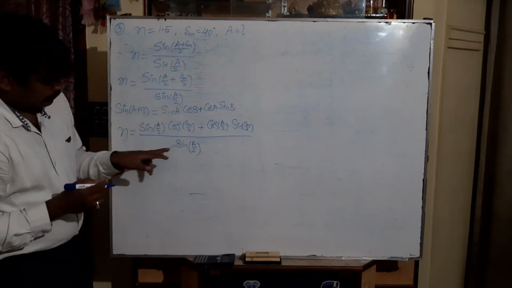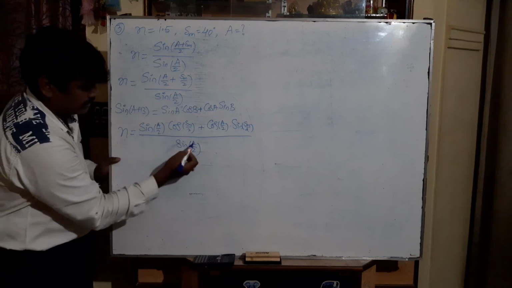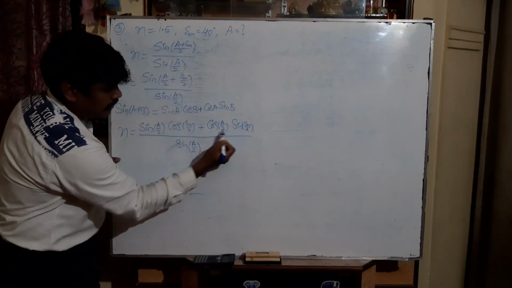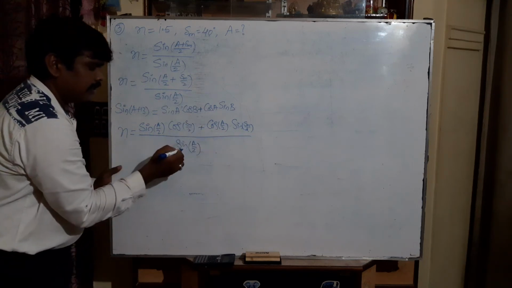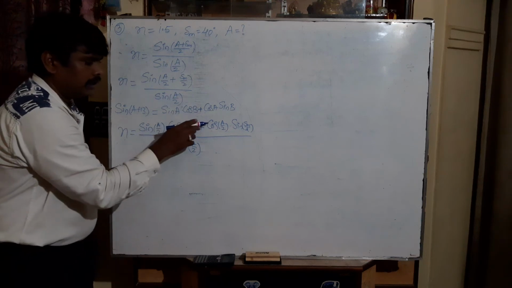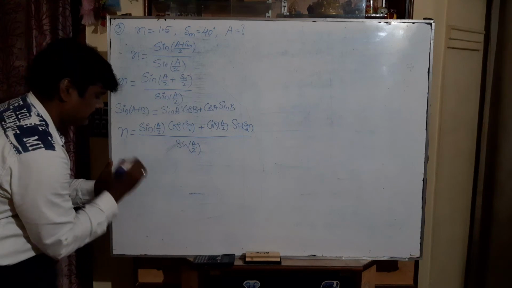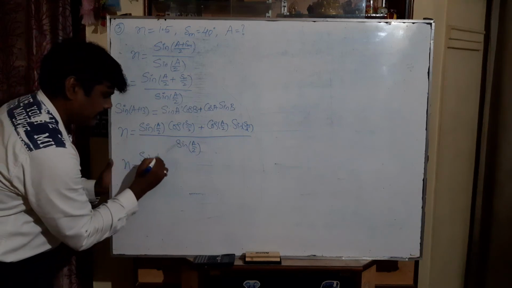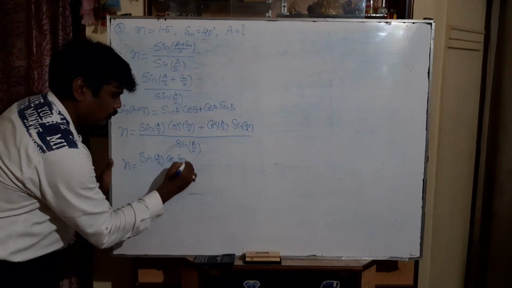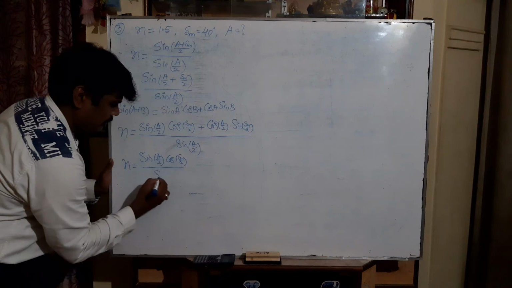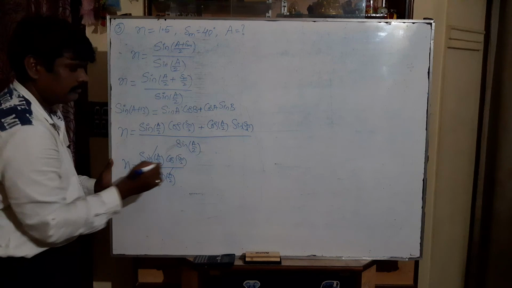You can split this sine term over both the terms here. In the first term it gets cancelled. In the second term it becomes cos A by 2 divided by sine A by 2, which is cot, and the reciprocal of cot is tan. I will write it in the next step. Here it is sine A by 2 cos delta m by 2 whole divided by sine A by 2, and this term gets cancelled.